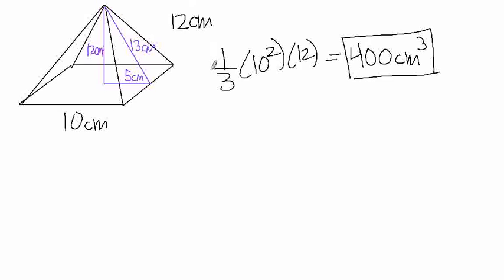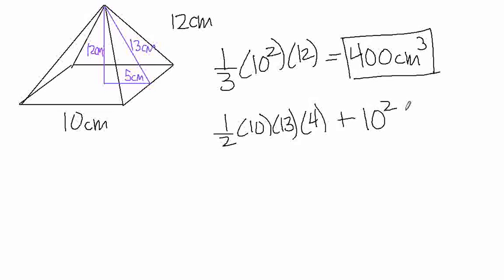So the area of one triangular face is 1/2 base times height, so 1/2 times 10 times, now I can use the 13, and I have 4 such triangles, so I'll multiply that by 4, and then I'll add it to the area of the square, 10 squared, and let's see what that gives.